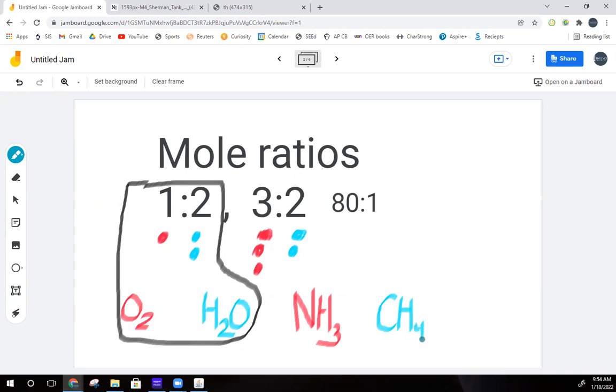So we have 3 NH3s for every 2 CH4s. Again, we're just looking at a recipe of comparing how much of this we need to how much of that.